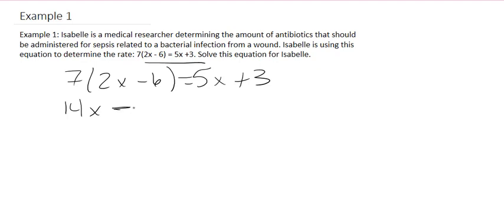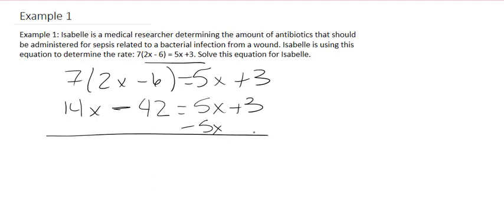And we're going to make sure we add that minus sign, which is equal to 5x plus 3. Now we're going to move the 5x because it's a smaller number like we've always done. So this becomes 0. So we can just put 3 below. So 14 minus 5 is 9x minus 42.